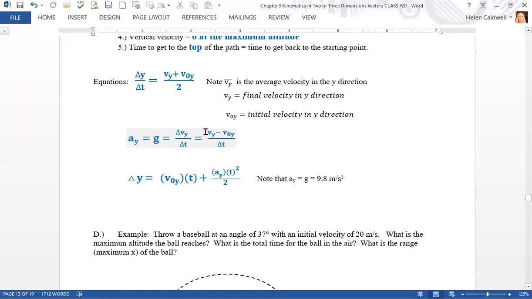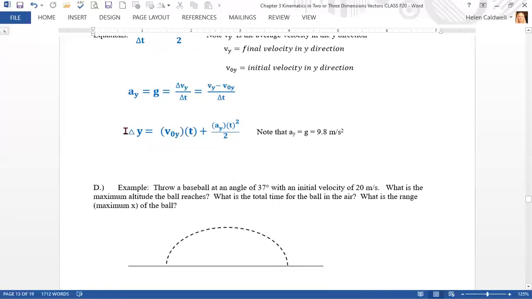So this v sub y matches up with the final time. If you have the total time for the projectile in the denominator, then Vy is the final velocity. If your delta t is the time to get to the top, then Vy is the velocity at the top. So Vy and your final time match up with each other.